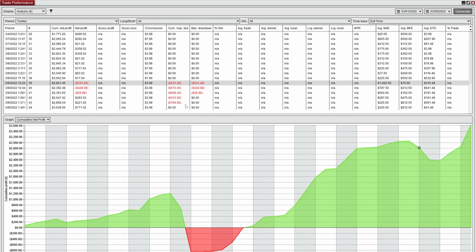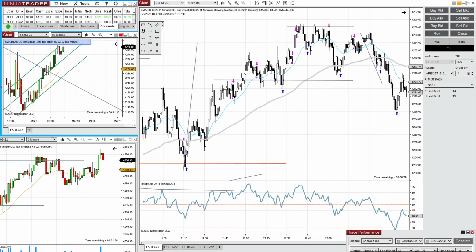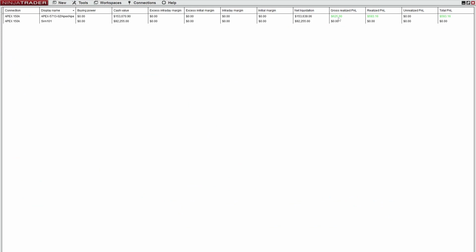But from swinging my position and just keeping patience and sticking to my own theory, I did manage to make a profit today of about $500, about $600 here.